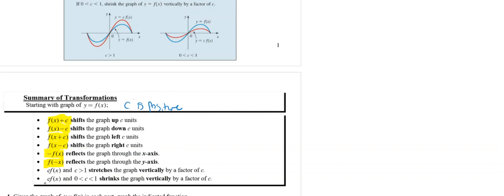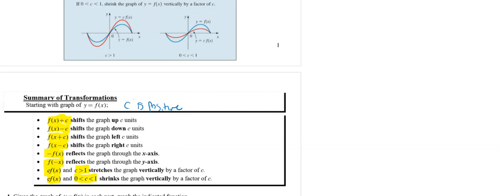And then if you put a number, and we're still looking at positive numbers, in front of your whole function equation, multiply everything by a number, then it depends on whether that number is bigger than 1 or less than 1, but still positive. If you multiply everything by a 2, if it's bigger than 1, it stretches your graph vertically.